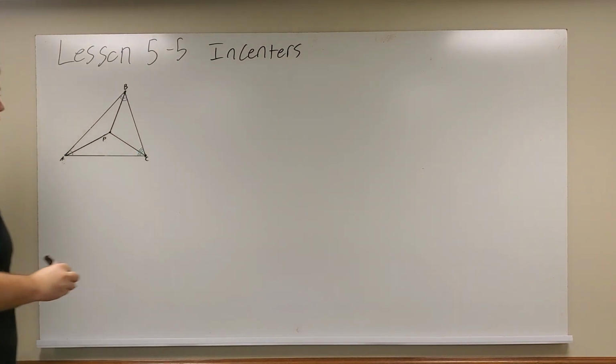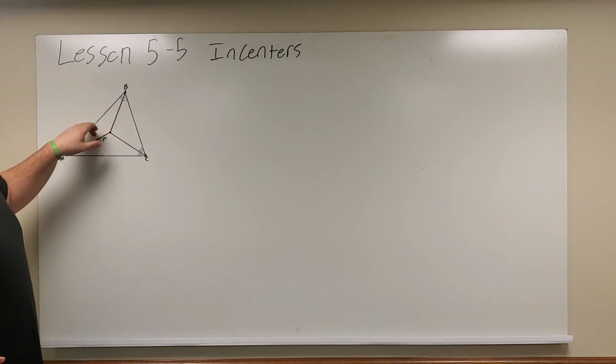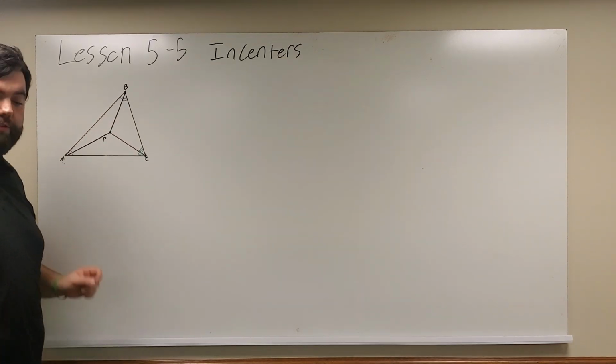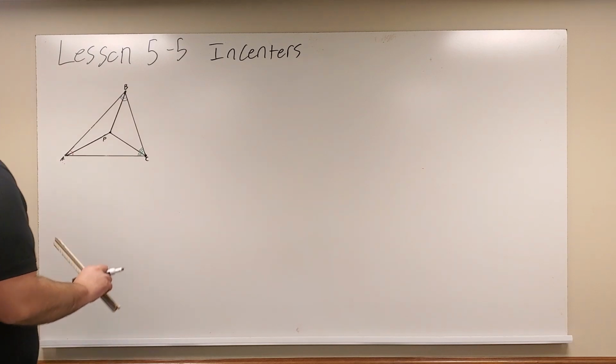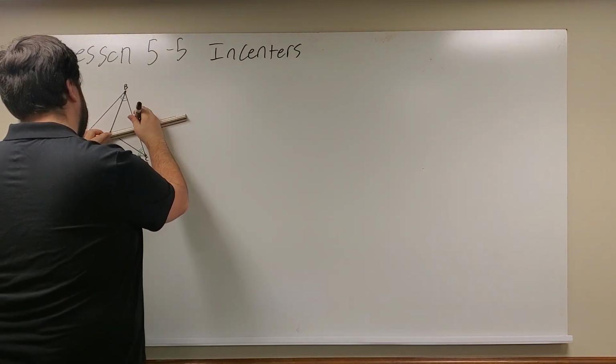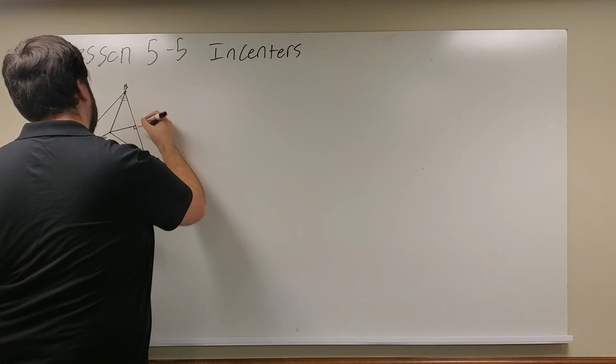All right. What it's saying is that the shortest distance from any side to the incenter is the same. What's going to be the shortest distance? Well, it's going to be perpendicular. Right, that's not quite perpendicular.